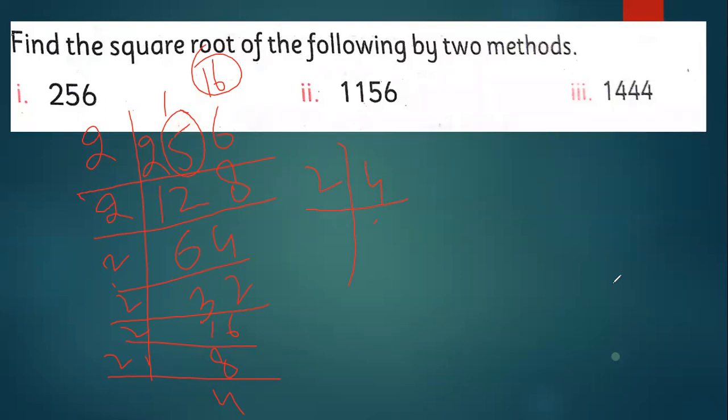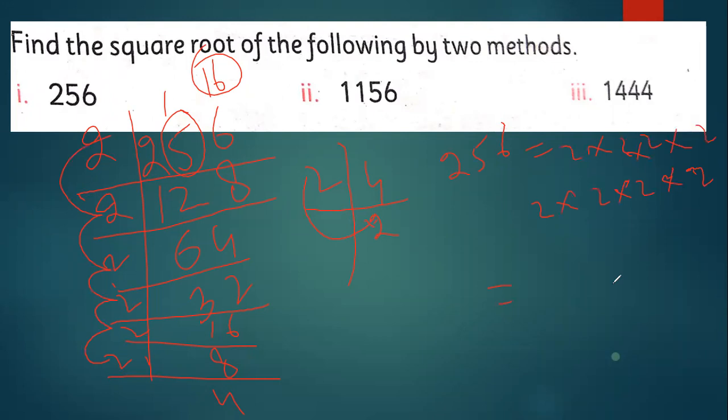The square root of 256. 256 is equal to how many twos? 1, 2, 3, 4, 5, 6, 7, 8. So that is 1, 2, 3, 4, 5, 6, 7, and 8.